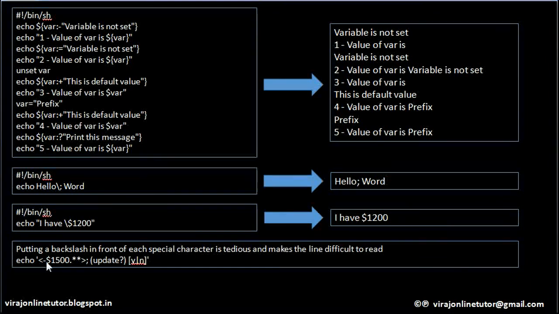With that, I need not escape any of the special characters in this string. It will just echo the string as it is whenever it's in single quote. Clear? Whenever it is single quote, it will just echo whatever characters are there in that string as it is. And we need not escape the special characters in that line. Clear?